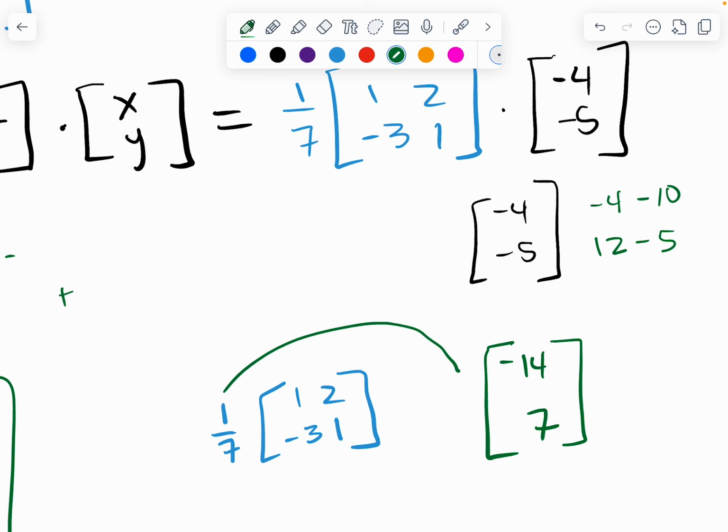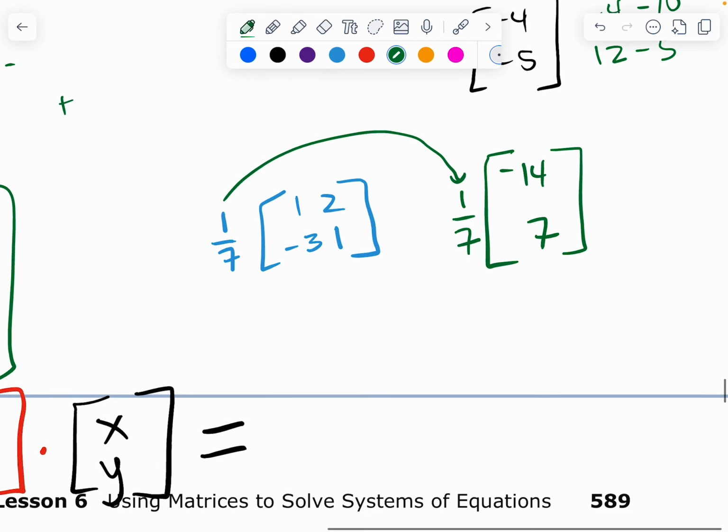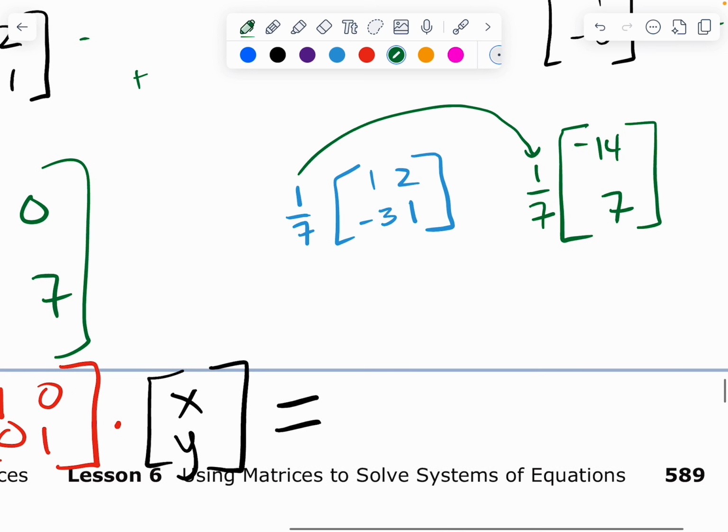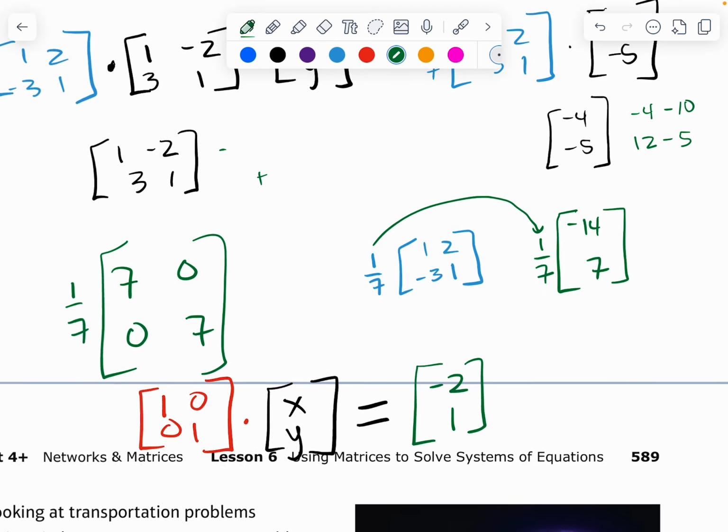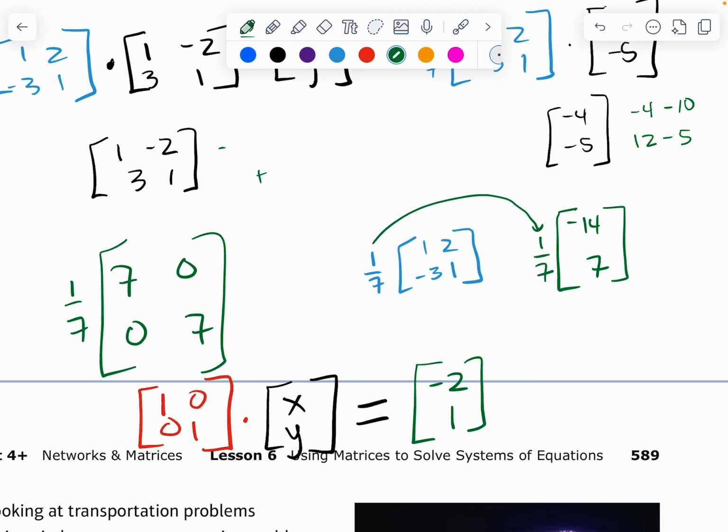Remember, I still need to do my scalar multiplication. So when I do that scalar multiplication there, I'm going to get negative 2, and I'm going to get 1. So in the long run, what color do I want to use?